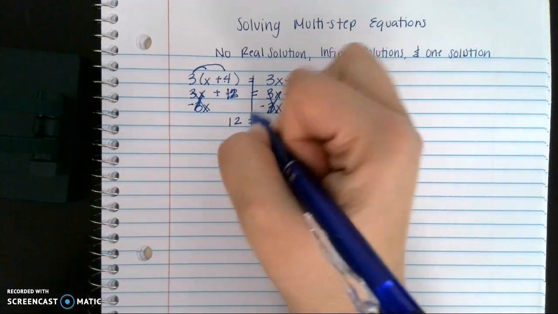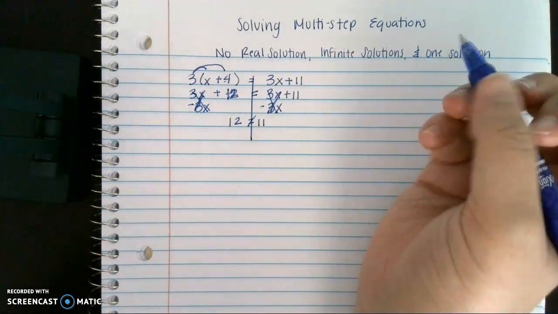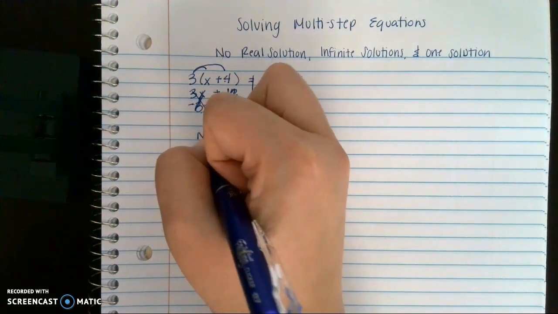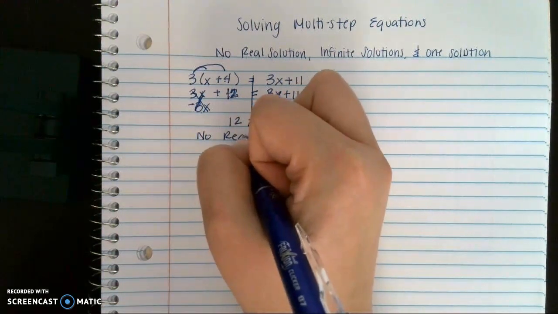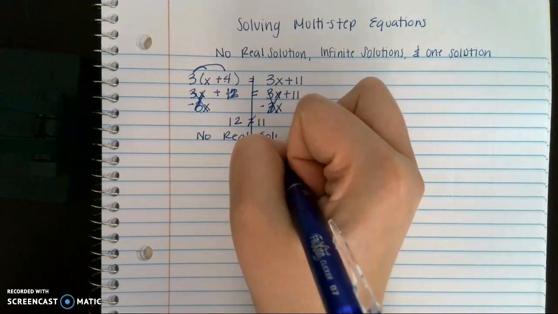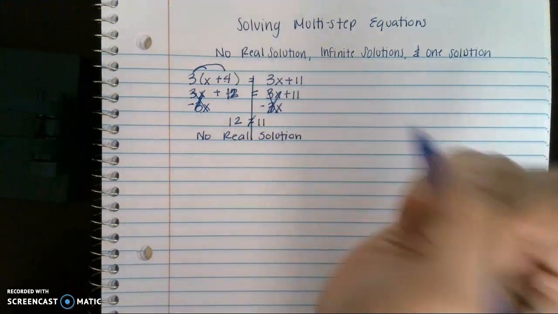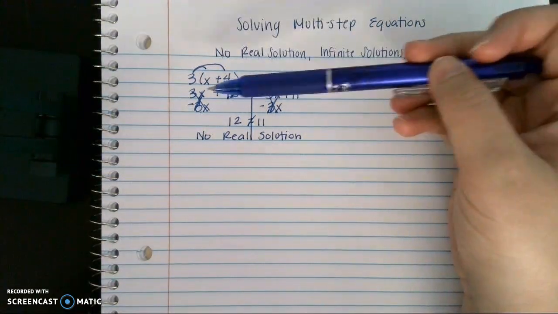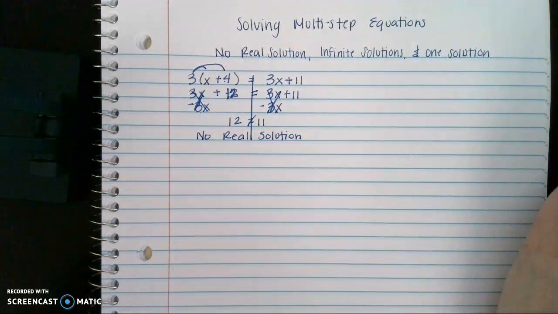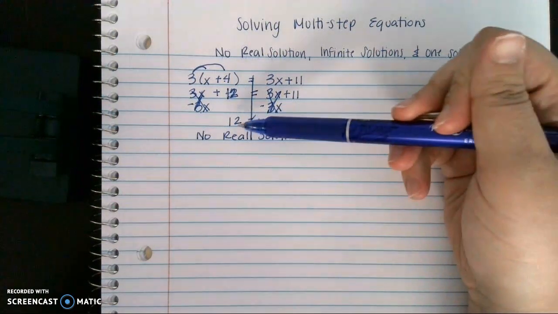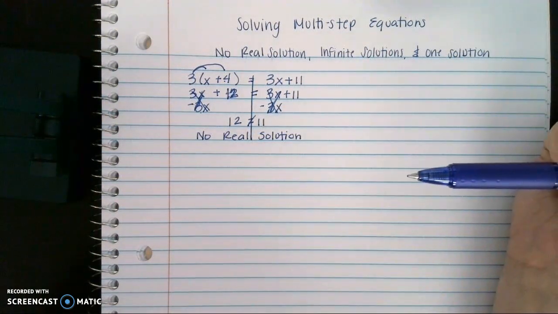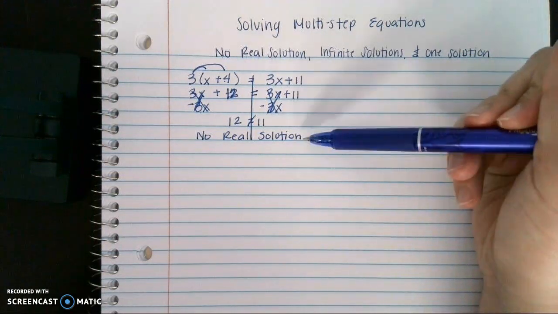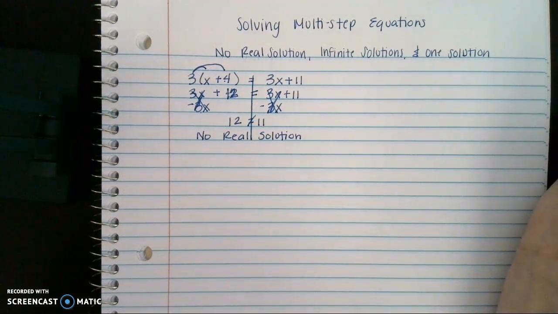Since 12 is not equal to 11, our answer, we're going to have to write in words, is no real solution. What's different in this problem is our variable canceled out. I had the same exact number of variables, and when that happens and I get 2 different numbers, the answer that I'm going to write is no real solution.